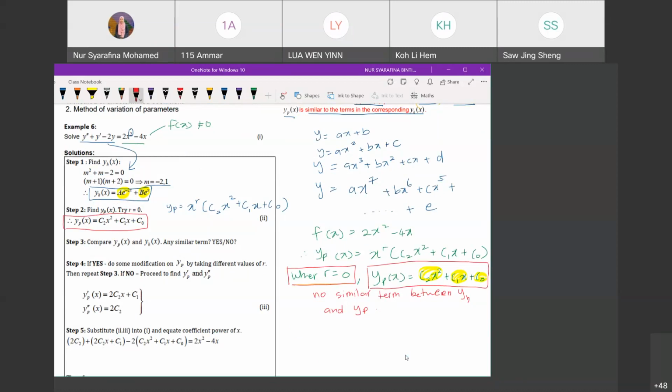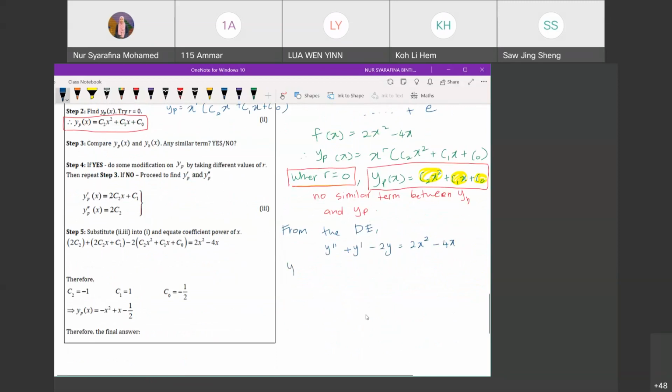Any question? No. Okay, so now we have your YP. We have your YH. But we need to solve what is our c0, c1, and c2. So how can we solve? Next is looking at the differential given. We have y double prime plus y prime minus 2y equals 2x squared minus 4x, right?